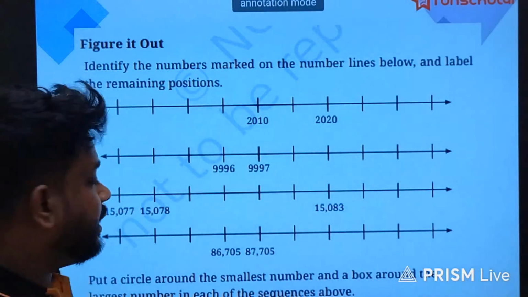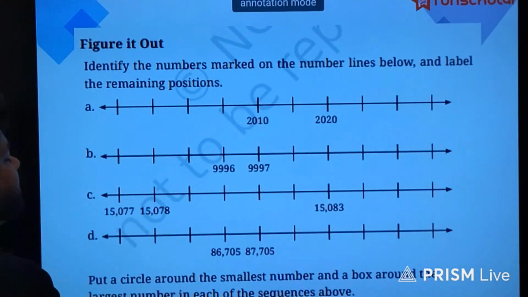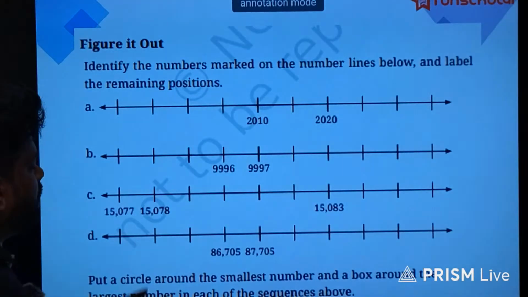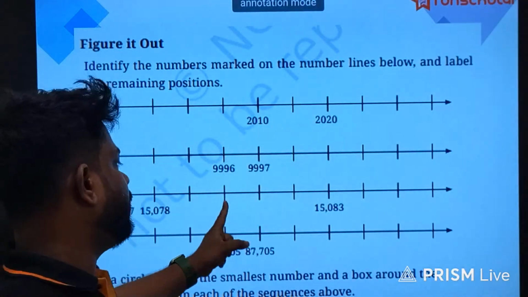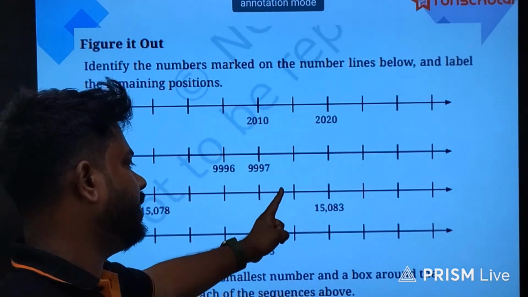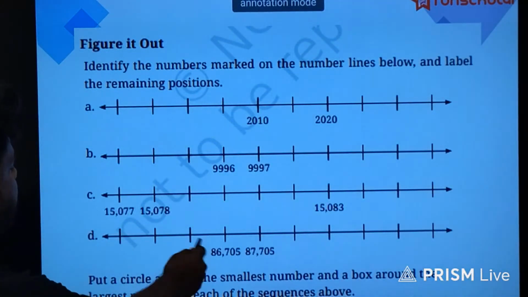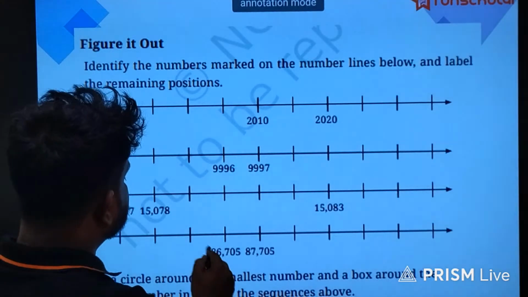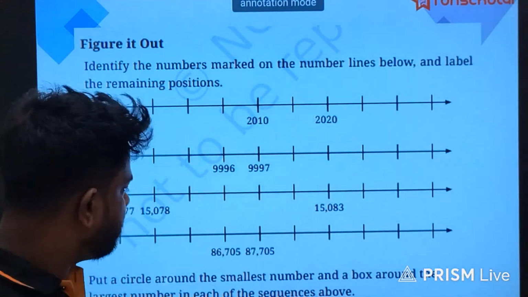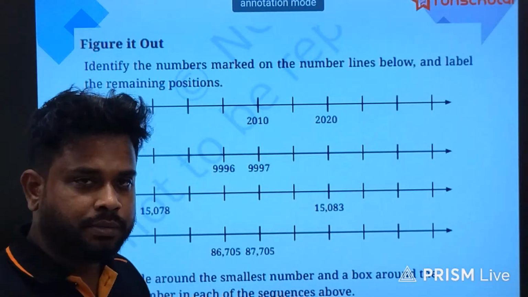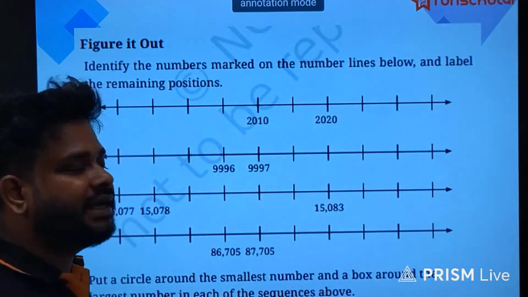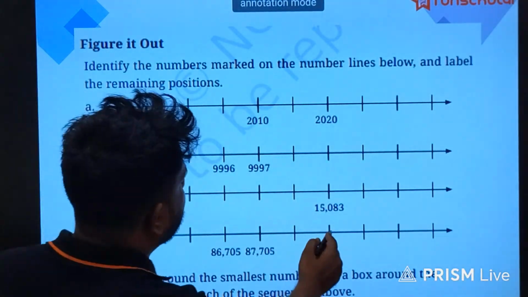For the second case, it will be 15077, then 15078, 15079, 15080, 15081, 82, 83, 84, 85, 86. And for this case, it has 86,705, then 87,705. The next will be 88,705. Then it will be 89,705.